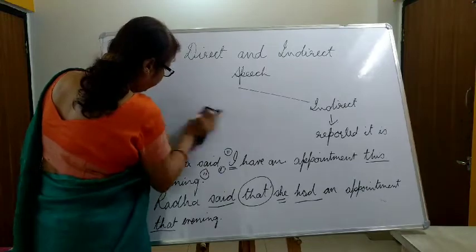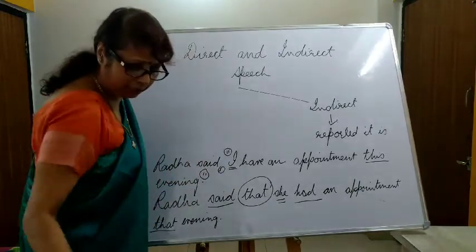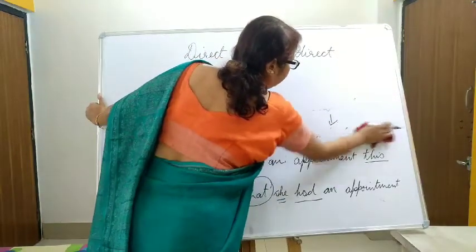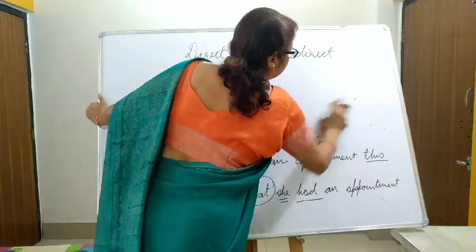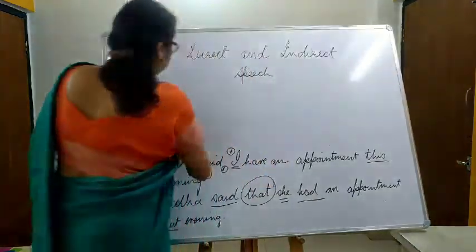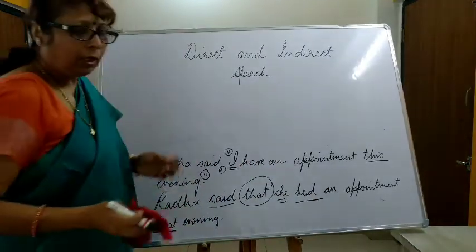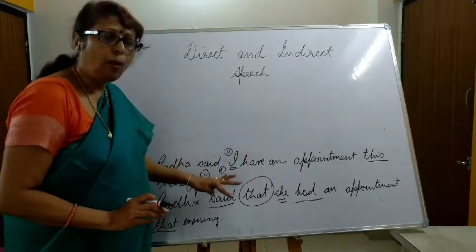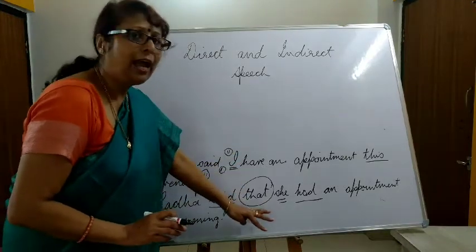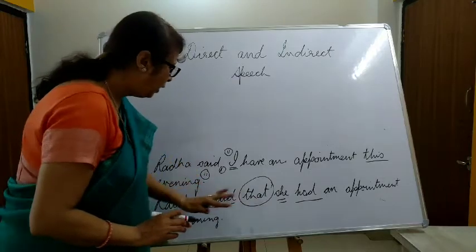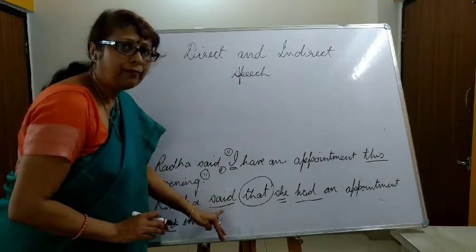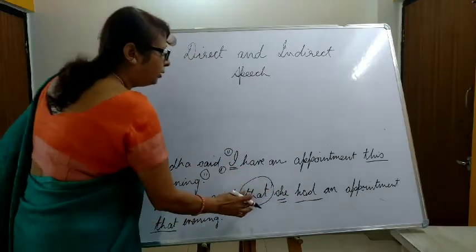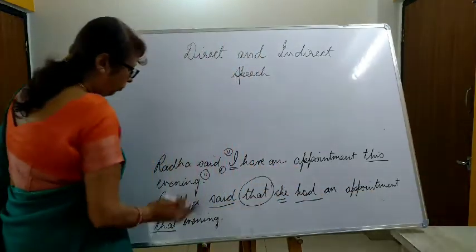You know now what is direct and indirect speech. So the two basic changes, children, you know now. We have to remove the comma and the inverted commas, and we have to add the conjunction that to join the reporting verb with the reported verb. Okay, so this is called the reported speech.